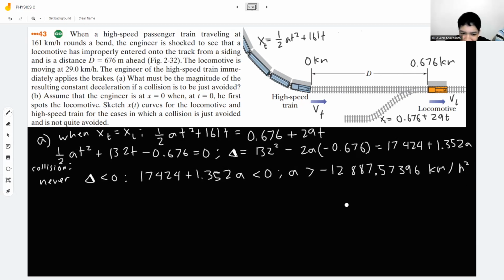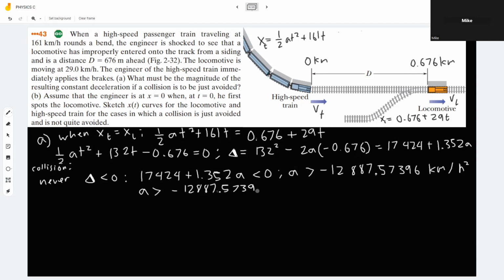This is when converting is actually useful. Then 1 kilometer is 1,000 meters. Is this right? That's why I'm trying to check the calculation. Wait, so it should be kilometers per hour divided by 1,000 first, and then seconds divided by 3,600. The numbers we are getting are somewhat weird.